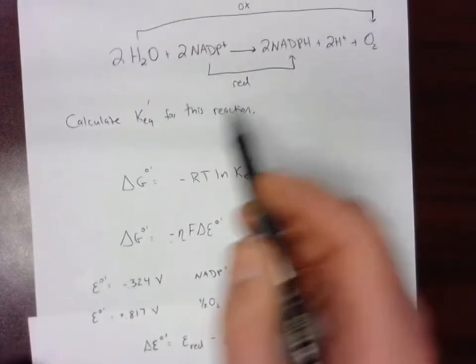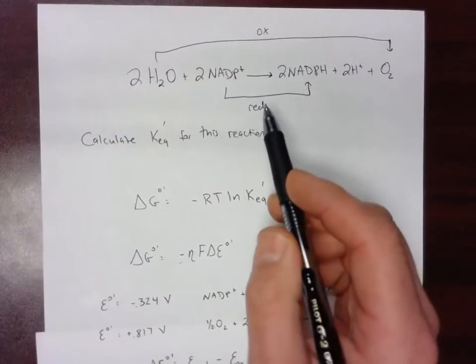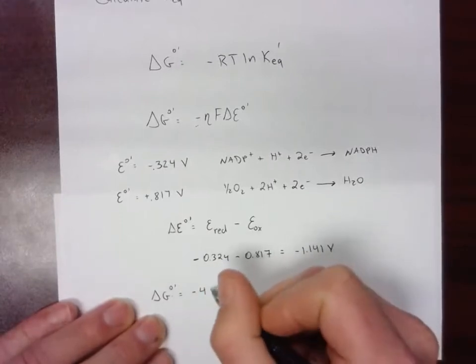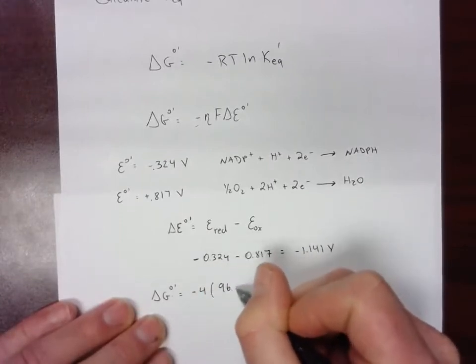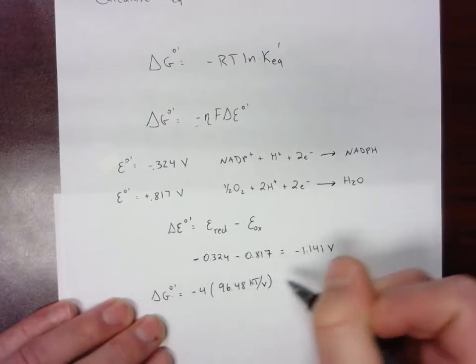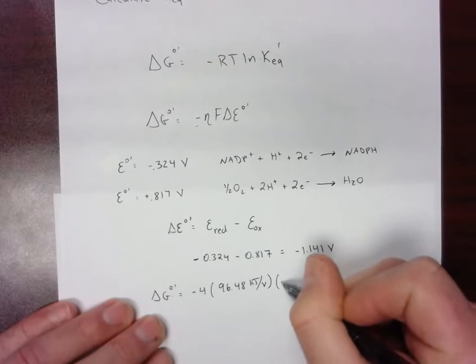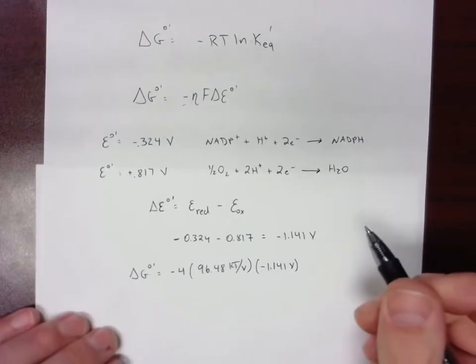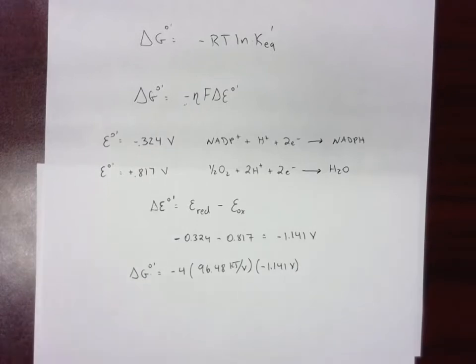Therefore, the number of electrons total that's transferred is 4. I'm going to put 4 here. Faraday's constant is 96.48 kilojoules per volt. And then, of course, our negative 1.141 volts.